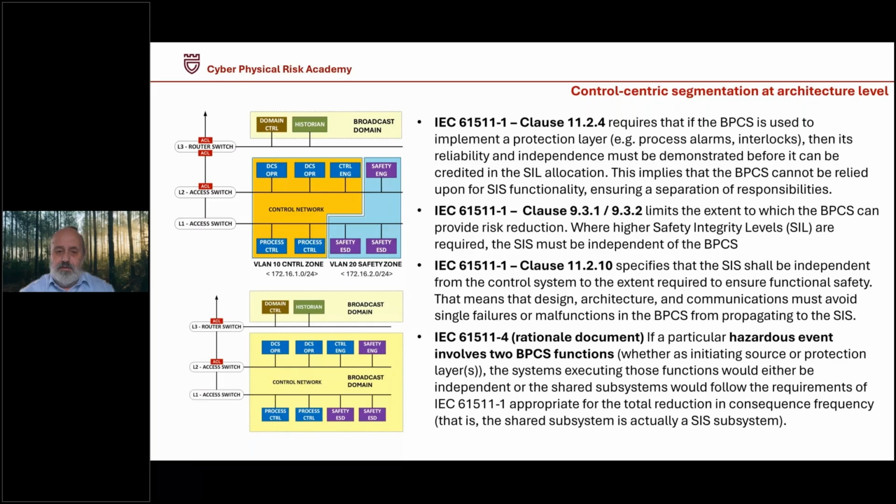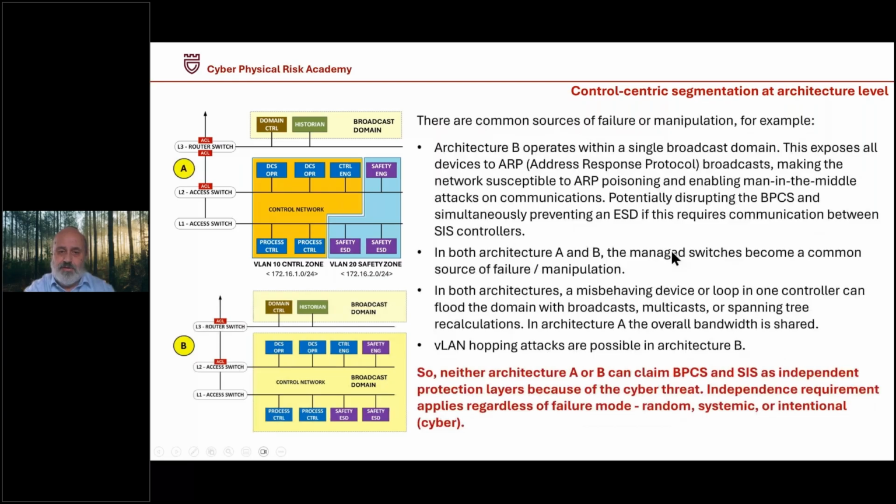Let me start with this situation. I already mentioned architecture A and architecture B differ. In architecture B, I have one broadcast domain. In architecture A, I have basically 2 broadcast domains. Each VLAN has its own broadcast domain.